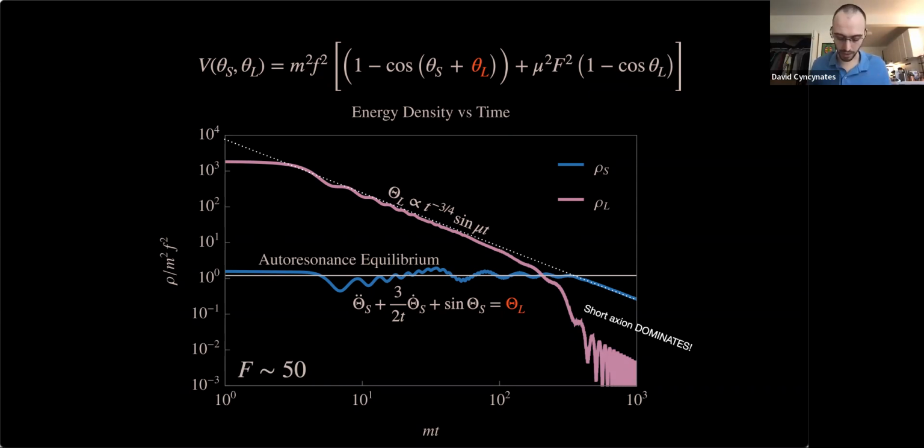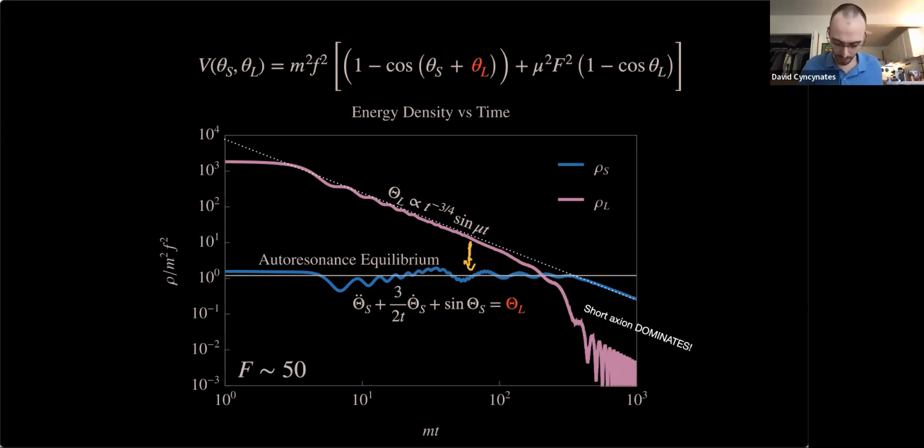The real important consequence of autoresonance is that the long axion transfers a large amount of its energy density to the short axion. This energy density transfer is what is responsible for enhancing direct detection signatures of the short axion.